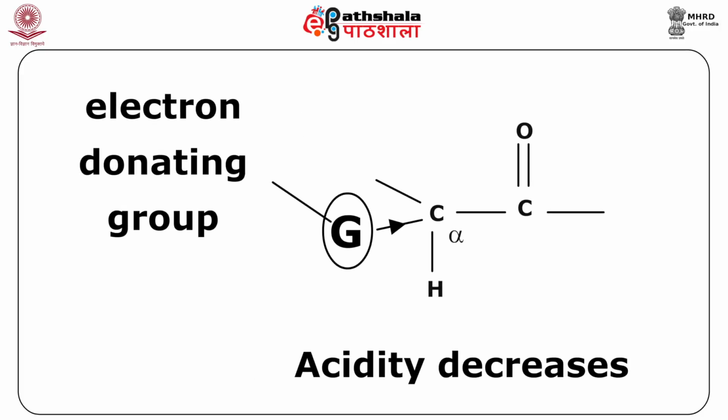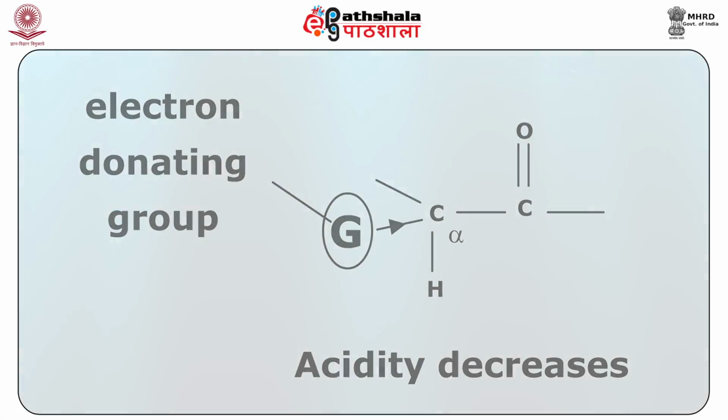On the other hand, the acidity of the alpha hydrogen atoms will decrease if there are electron donating groups attached to the alpha carbon, as you can see here. So, this electron releasing or electron donating group G will make this alpha carbon less electron withdrawing, and thereby the acidity of this alpha hydrogen will decrease.